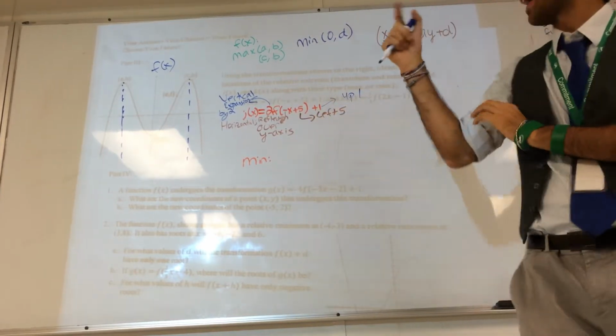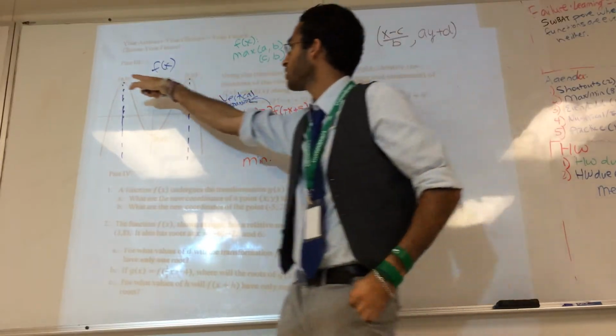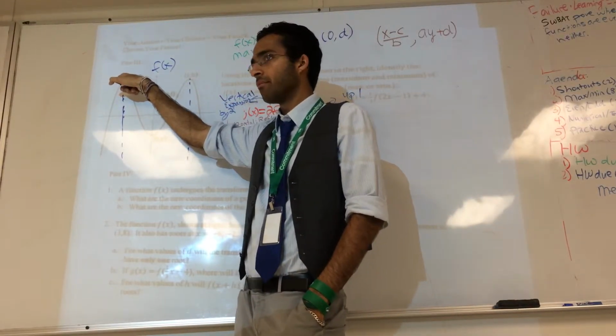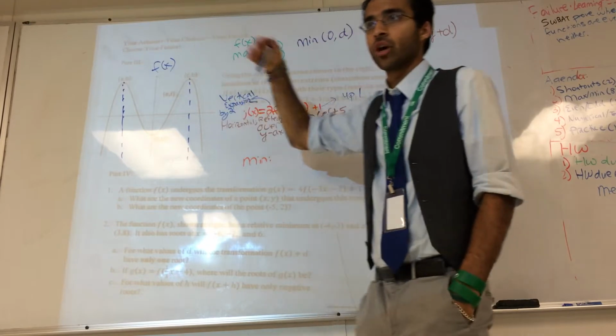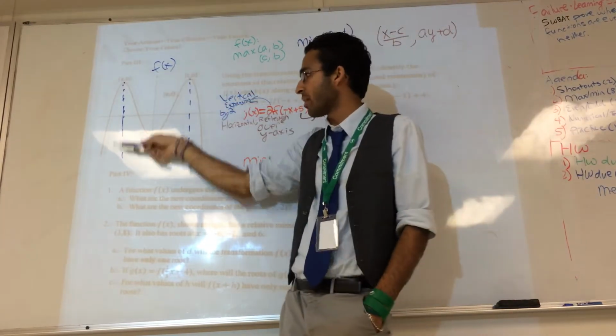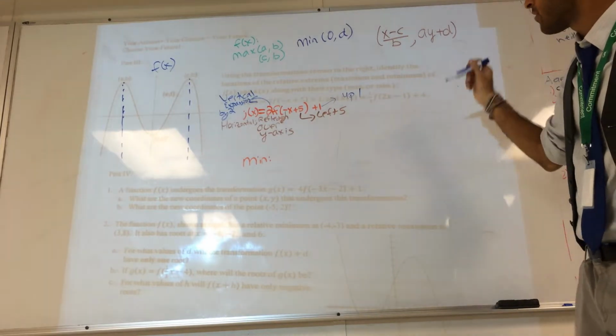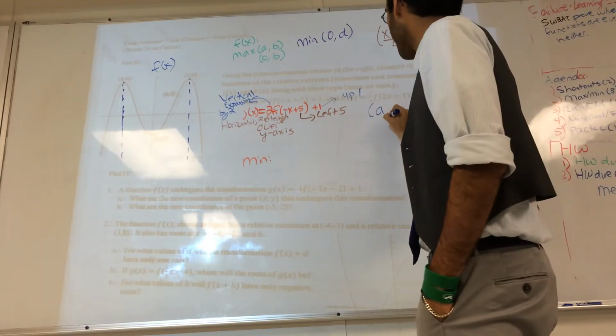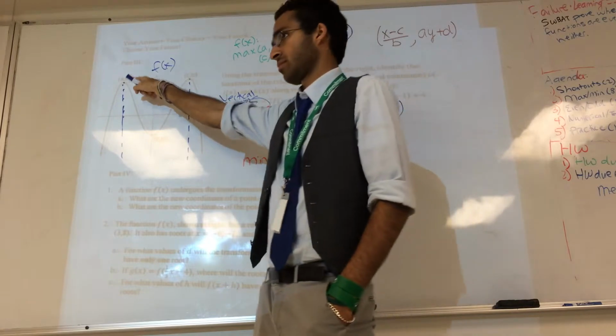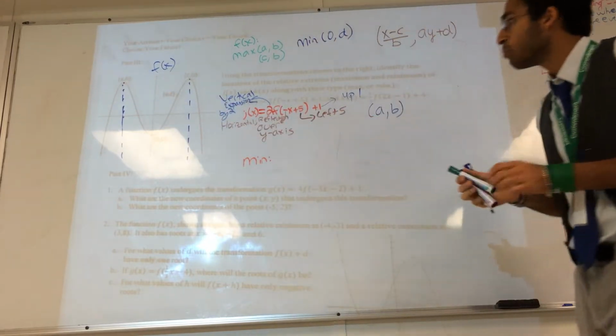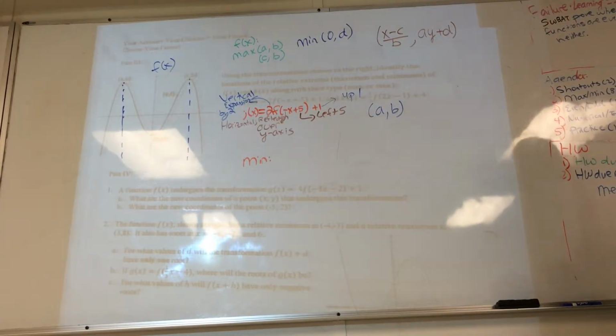My next question is, okay, how do these points change? Like this was the maximum before. I wonder what the coordinates are of the new maximum. Or maybe this has now come down here and it's a minimum. We don't know. Let's find out. So how would I find out? Well, I started at A comma B. That's this. Let's write what the new point would look like on j of x.